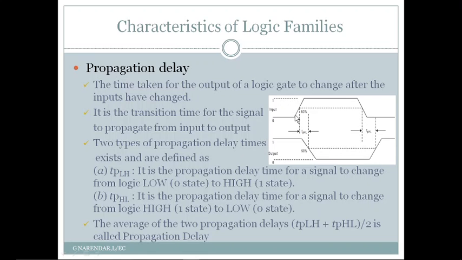So when input is changing from low to high, this is the 50% transition point, and when output is changing from high to low, this is the 50% transition point.